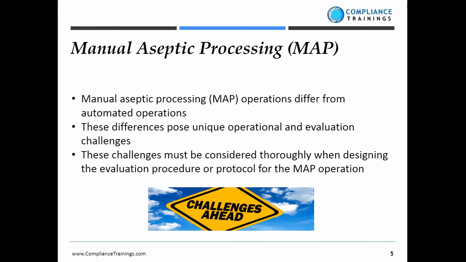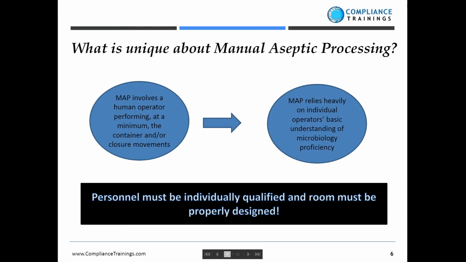It's not just, all right, we can't make the steam sterilization or terminal sterilization work, so we'll just install an aseptic processing area and everything will be great. There's so much that goes into it that it becomes quite a challenge to meet all of the different regulatory and compliance concerns of an aseptic processing area.